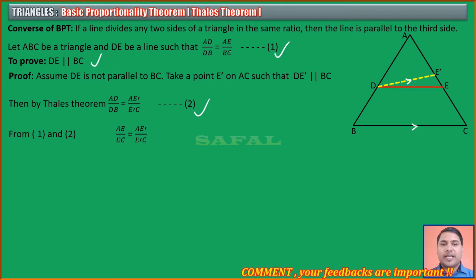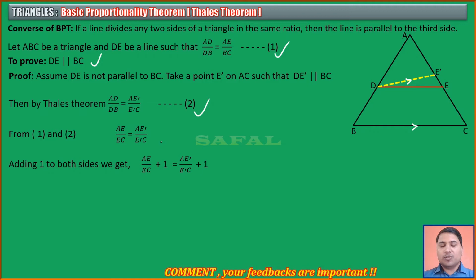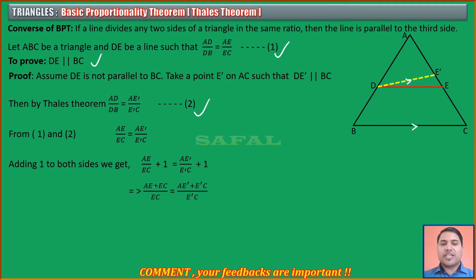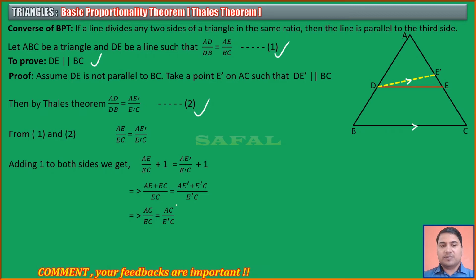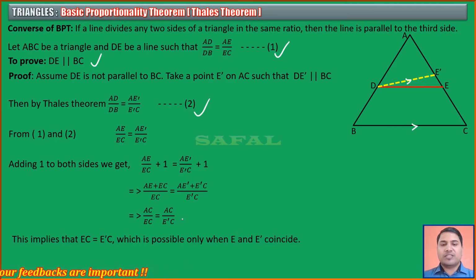So AE by EC should be the same as AE dash by E dash C. Now I am adding 1 to both sides. So on simplification, AE plus EC by EC and AE dash plus E dash C by E dash C, so AC by EC and AC by E dash C. Now you can see numerators are equal, so denominators must be equal. So this implies EC must be equal to E dash C.